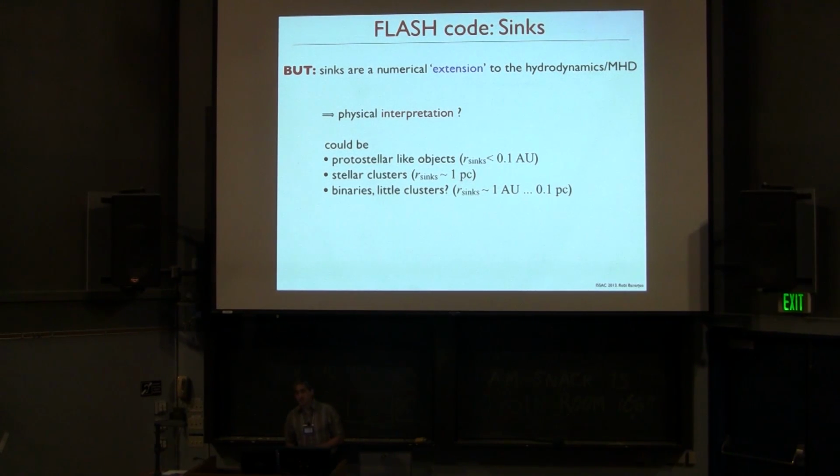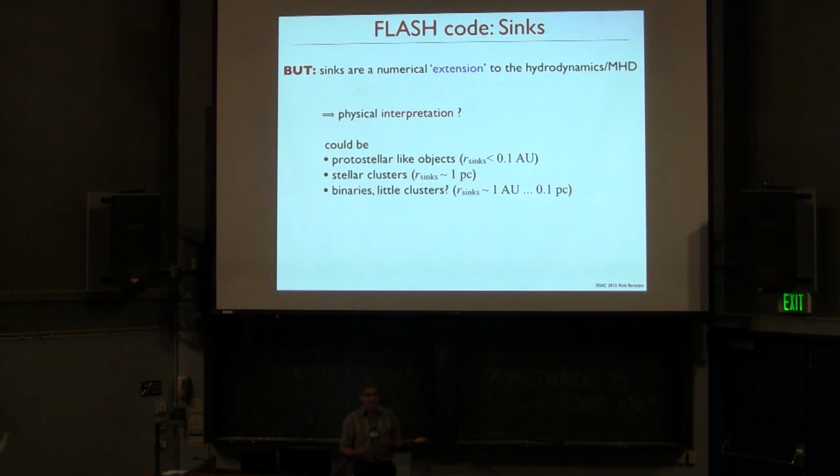And the same is true for some intermediate scale. So at least what we can say, if we come up with a recipe to introduce sink particles in MHD or hydro simulations, including self-gravity, is that they are essentially bound collapsing regions, of which a fraction of the gas will most probably turn into stars, or maybe, if you're interested, into planets, if you want to form them in protoplanetary disks by gravitational instabilities.